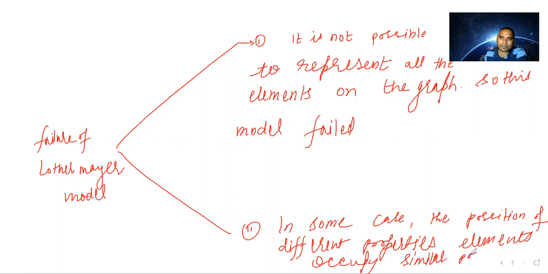If properties are different but positions are the same, we cannot classify. So these are the two reasons behind the failure of the Lothar Meyer curve model. This is all about the Lothar Meyer curve model.